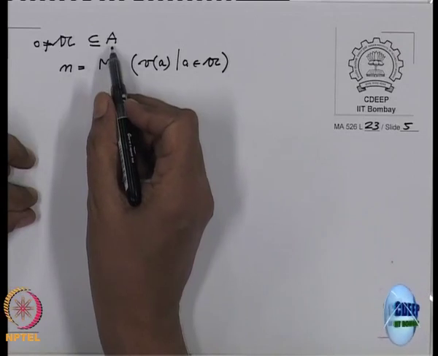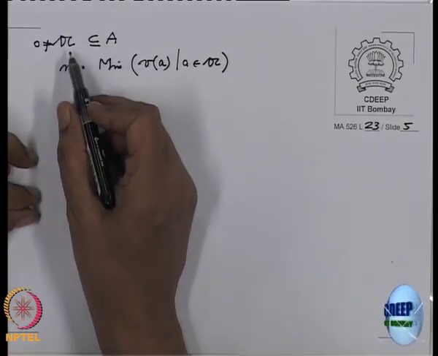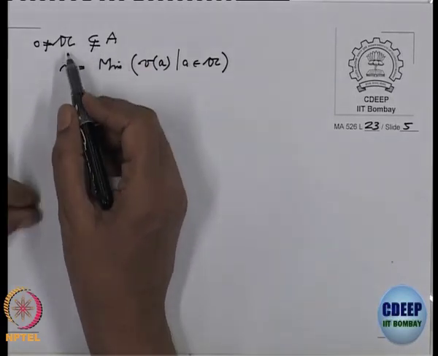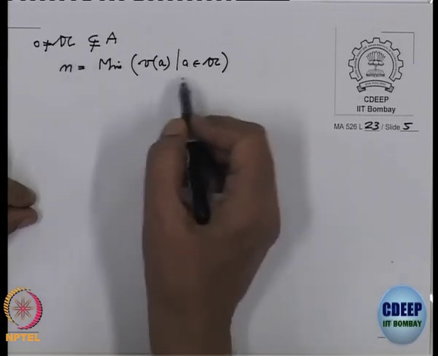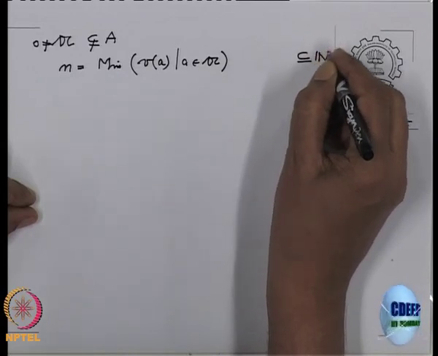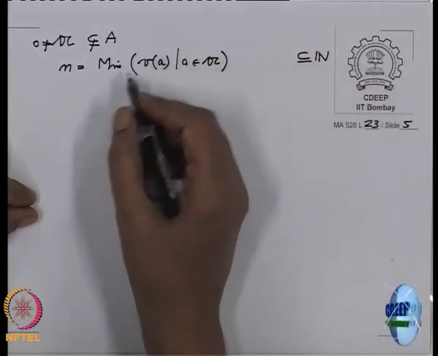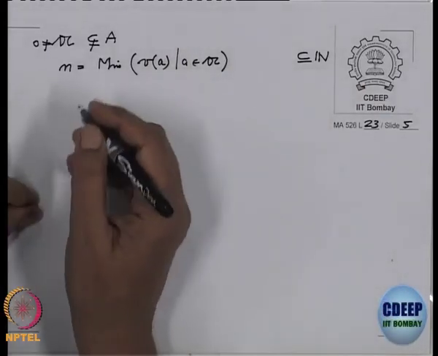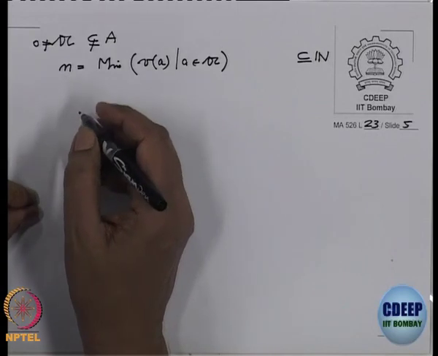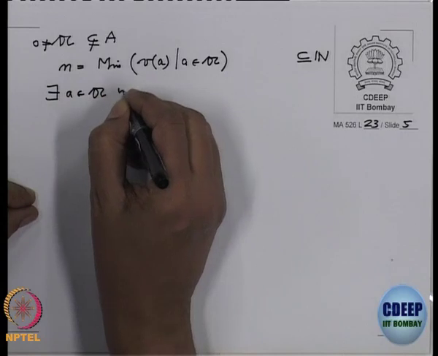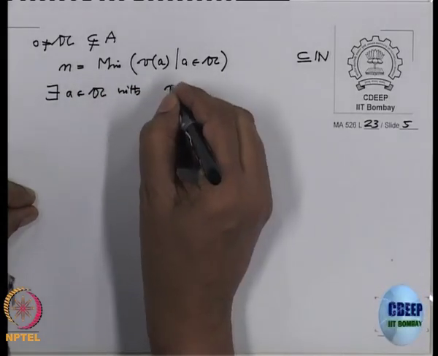Because we already showed that A is local, we can also assume 𝔞 is a proper ideal, because otherwise nothing to prove. So, 𝔞 will be contained in the maximal ideal. Therefore, these values are a subset of the non-negative integers, so it will have a minimum. So, the minimum exists. That means there exists an a in 𝔞 with V(a) equal to n.